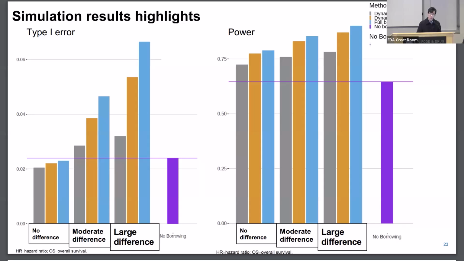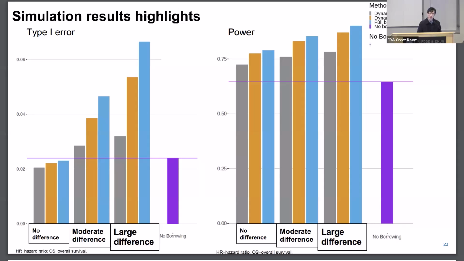As you can see, the full borrowing case would have the highest type 1 error inflation, while the dynamic borrowing with half Cauchy is doing better in the type 1 error control, and in terms of the no borrowing reference, is not too far from that.